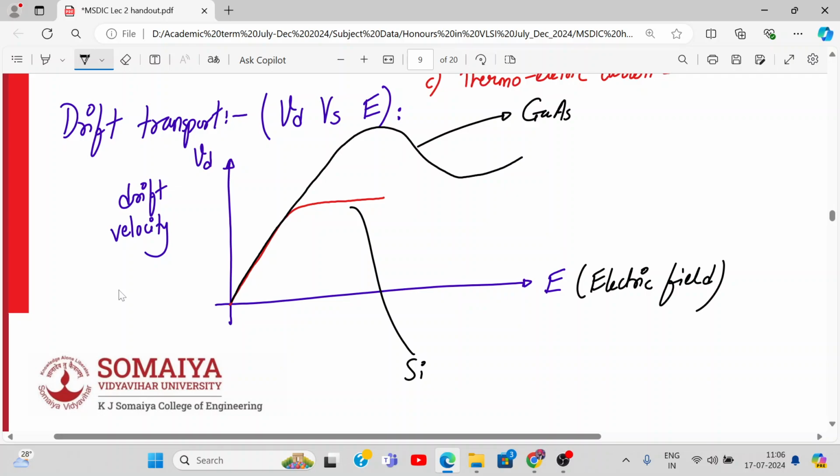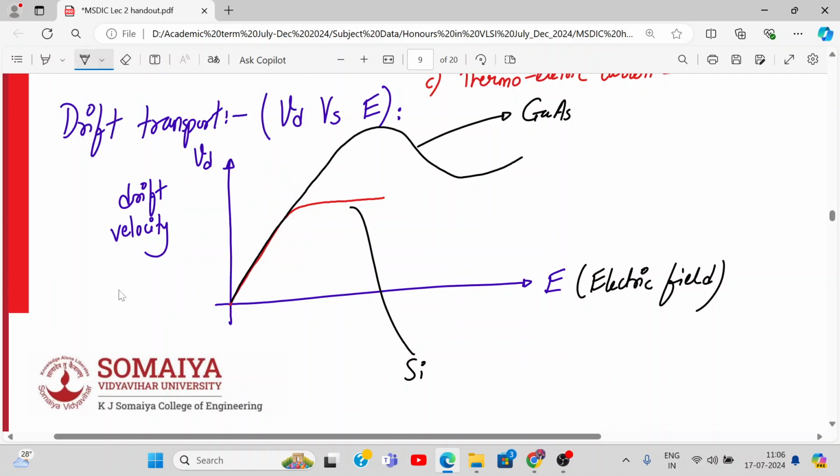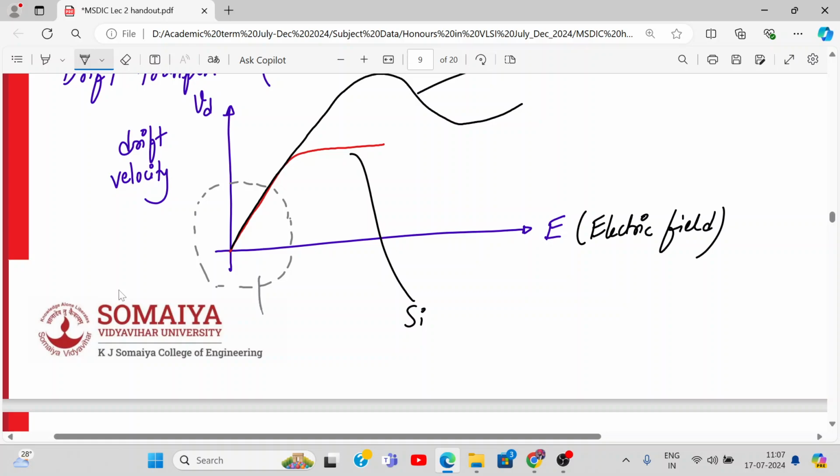The red color curve. One interesting thing to notice is that over the small electric field region here, both the curves are linear, right?